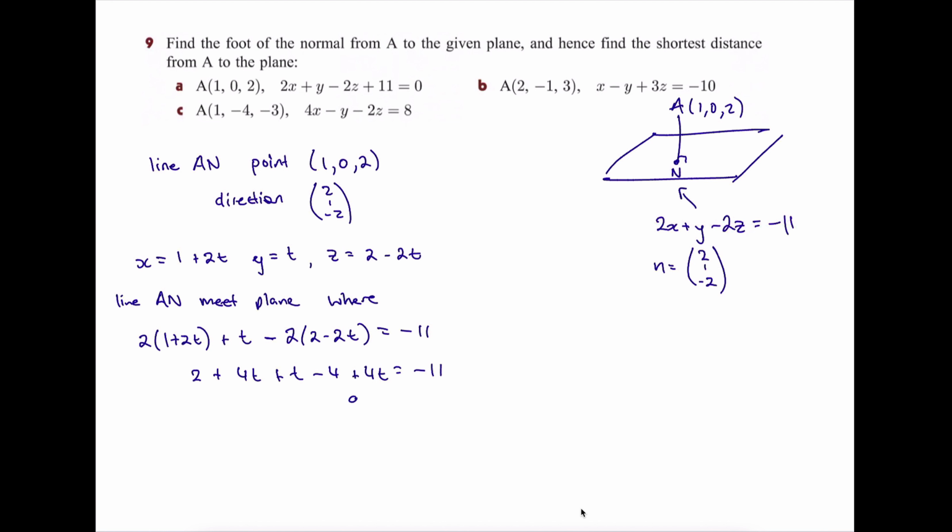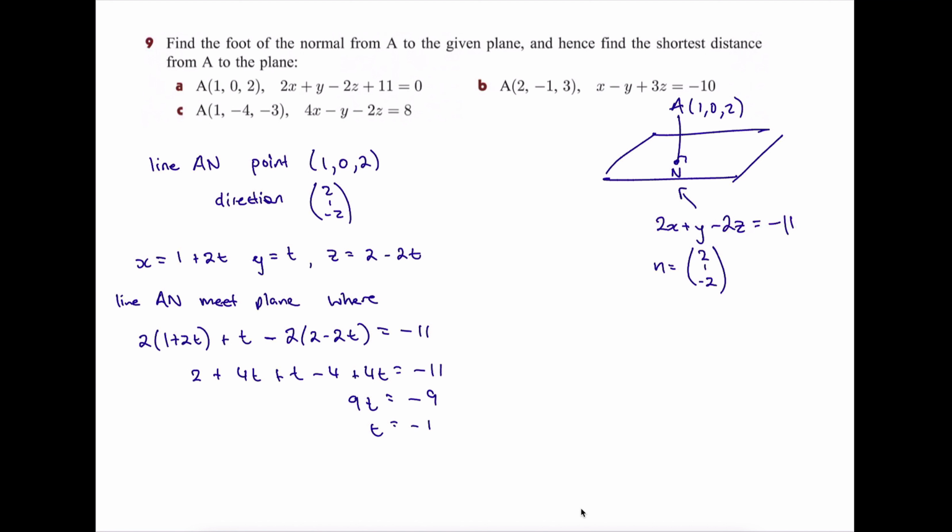And that comes out to being 9t equals negative 9, so t equals negative 1. So that tells us that the parameter t for that line where it hits the plane must be -1, which means we can work out the coordinates of N, which is what it is when t equals -1.